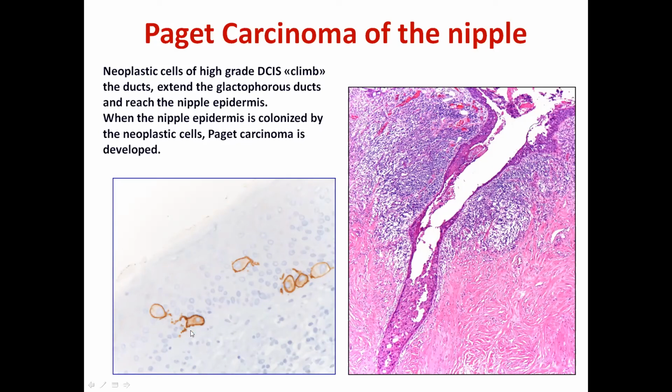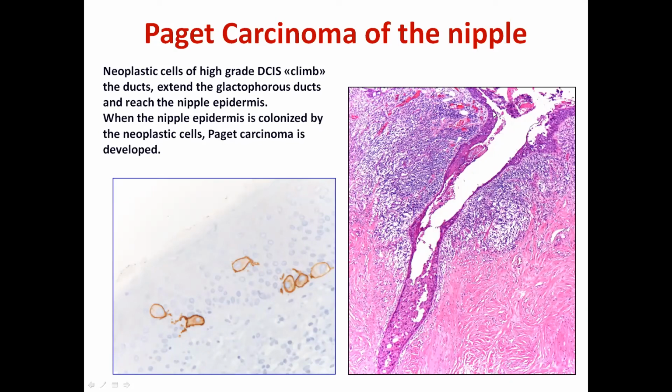And you know that neoplastic cells produce pseudopodia when they move. You can see in these cells climbing the ducts these pseudopodia, and you see the galactophorous duct filled with neoplastic cells, and they are going to the epidermis.